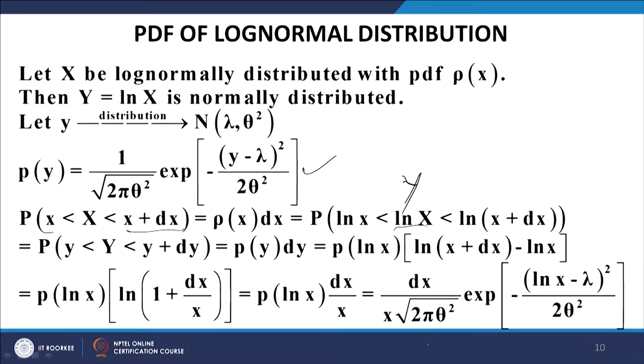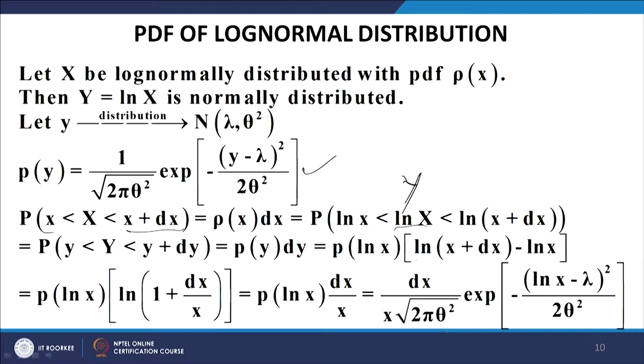Now, making the respective reverse substitutions, p of y is equal to p of log x, and dy is nothing but y plus dy minus y. So, it can be written as log of x plus dx minus log of x. So, p of log x here, and this expression log of x plus dx minus log x, you can simplify by the standard Taylor expansion.